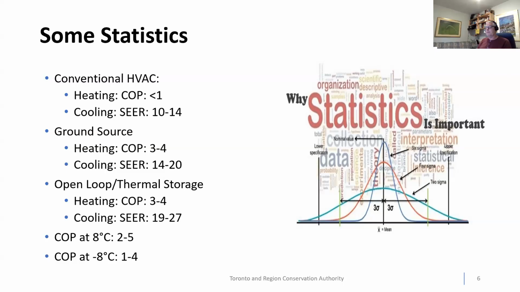And the coefficient of performance at 8 degrees Celsius air temperature is about 2 to 5, and at -8, it's 1 to 4. So that's where it comes in that if we are able to use groundwater at a more regular and predictable temperature, we'll have more efficiency for the heat pump.